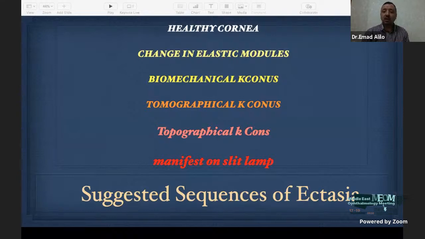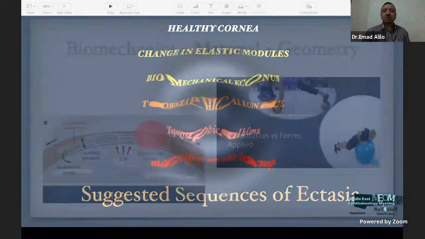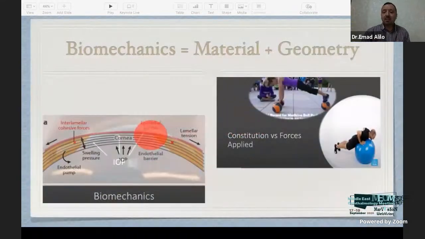Then the tomographic keratoconus, and finally the late stage when it's manifest on slit lamp. So the biomechanics, by definition, depends on the material and the geometry. Both have to come together to give us this concept, and we need a tool to study these characteristics.